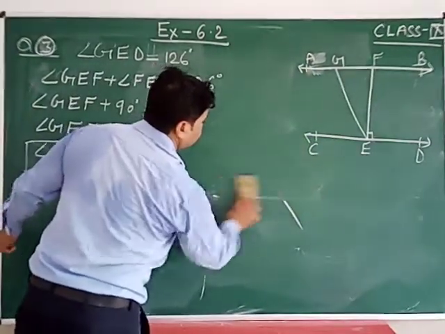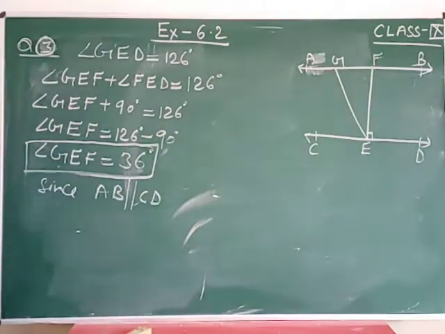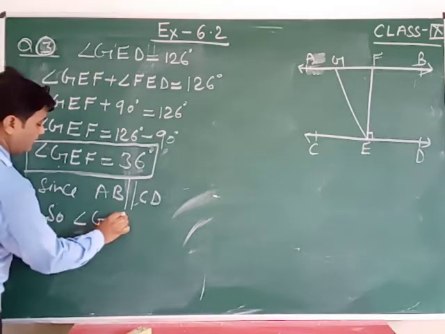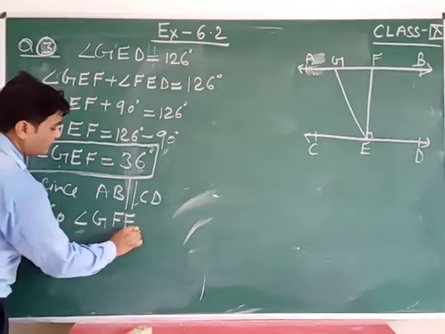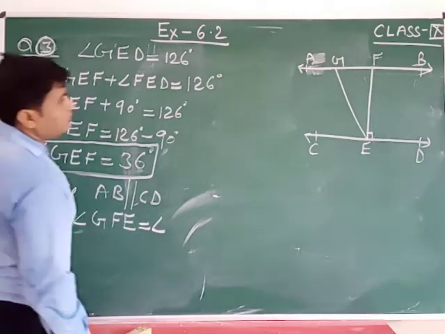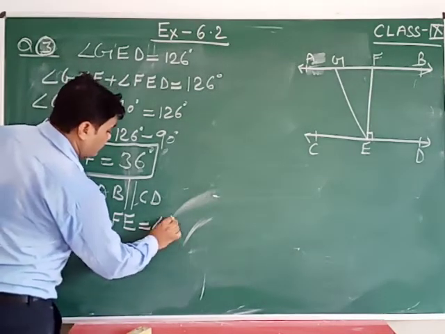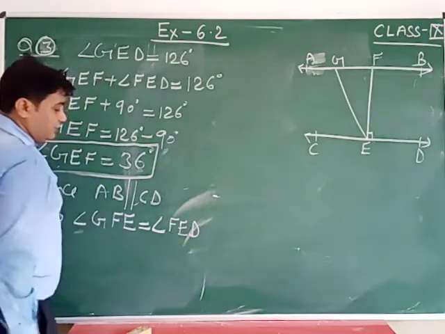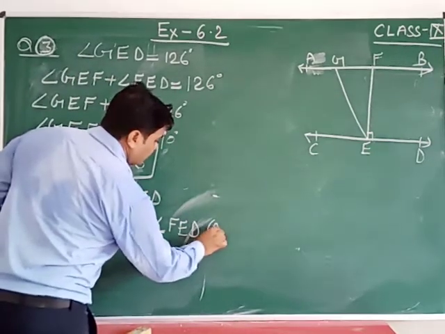So AB is parallel to CD, so angle GFE equals angle FED because they are alternate angles.